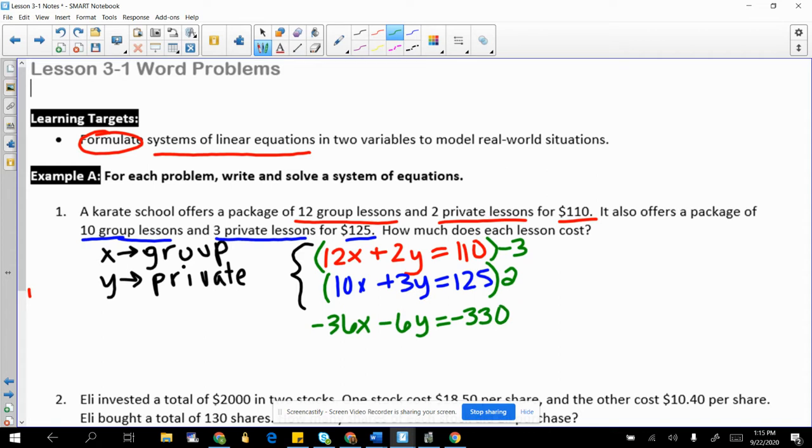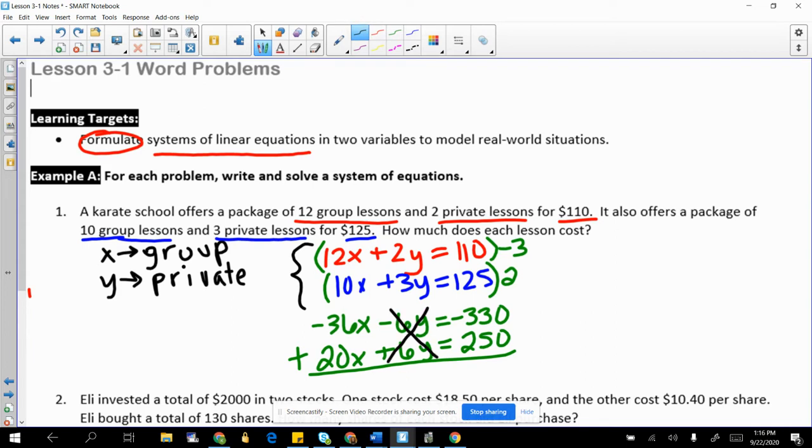And then if we distribute the 2 to everything, that'll leave us with 20x plus 6y equals positive 250. Okay, and remember, when you get to this point, you are adding. The nice part here is that we've made it so that the y's cancel.